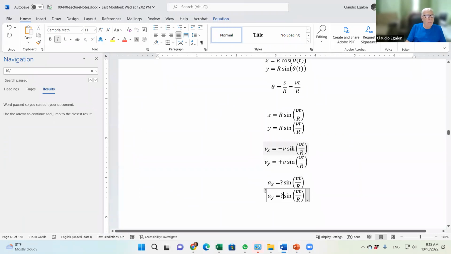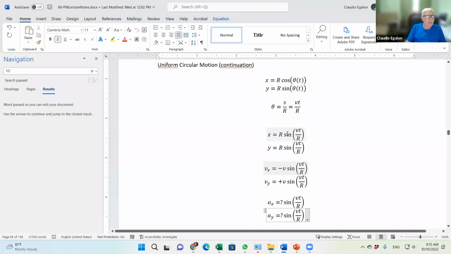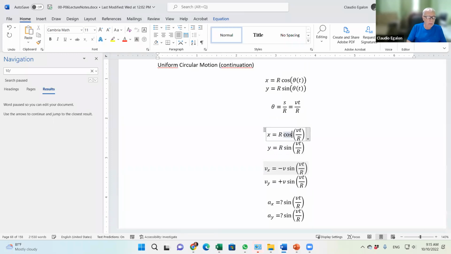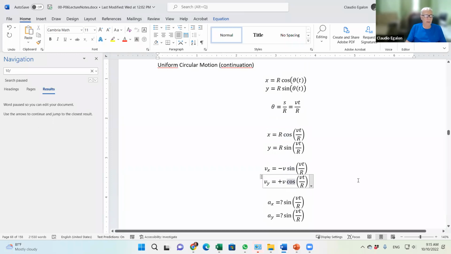Oh, I put sine here. It's not supposed to be sine, it's supposed to be cosine. Here you go. And here is going to be sine, here is going to be cosine. Oh, gosh. Nobody picked that up, huh? So, because this one is cosine, this one is going to be sine. So what goes here in front, I'm going to tell you very soon.